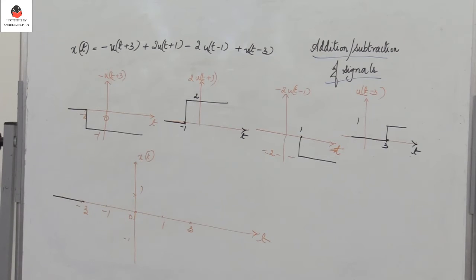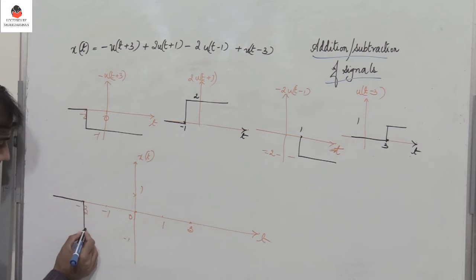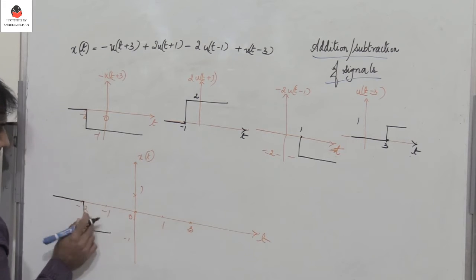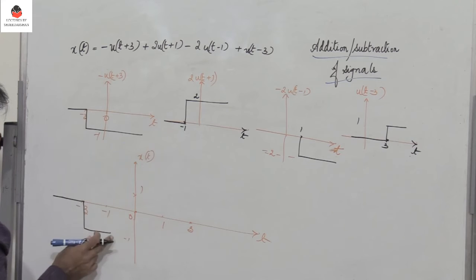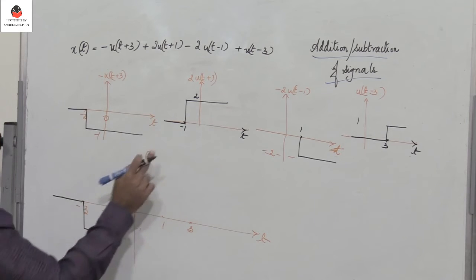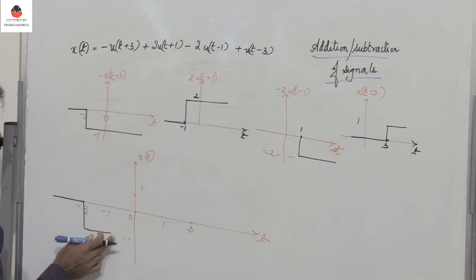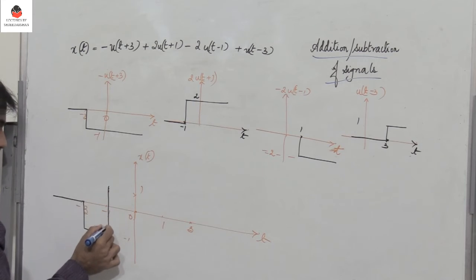And then from minus 3 to minus 1, the amplitude will remain minus 1, right? Now at minus 1, what happens? The amplitude minus 1 gets added with plus 2. So minus 1 plus 2 becomes plus 1.